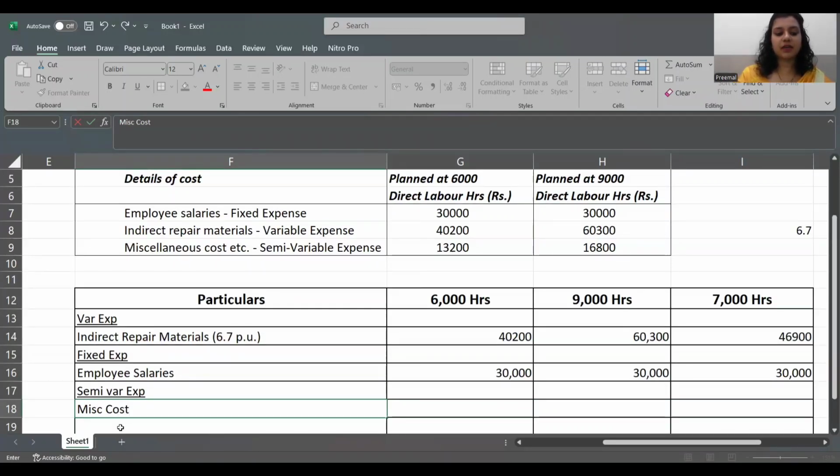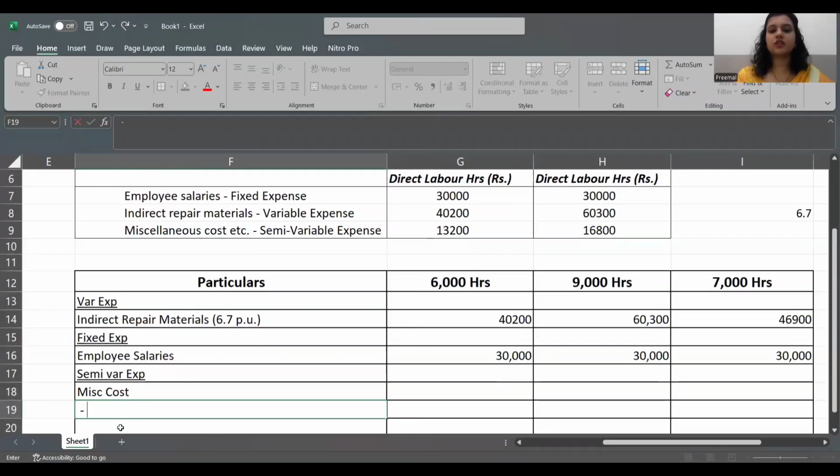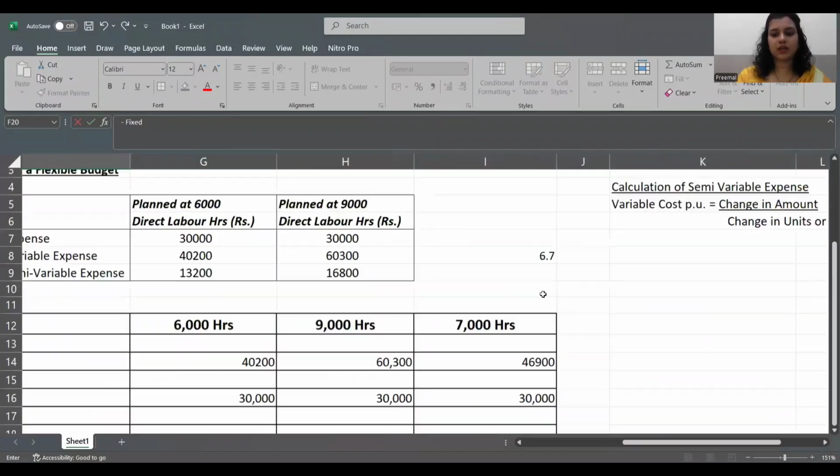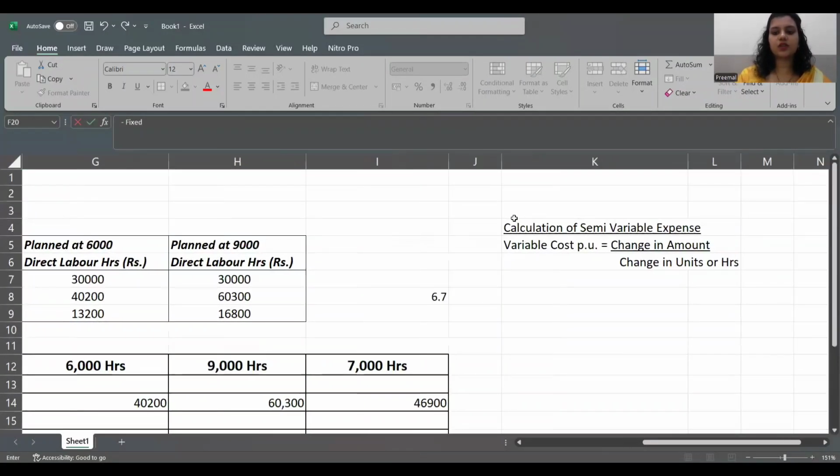Now, our semi-variable expense will be divided into two parts, variable and fixed. Now, we need to find out how much is variable and how much is fixed. In case of a semi-variable expense, we'll need a small working note. So let's look at this part of the Excel sheet.